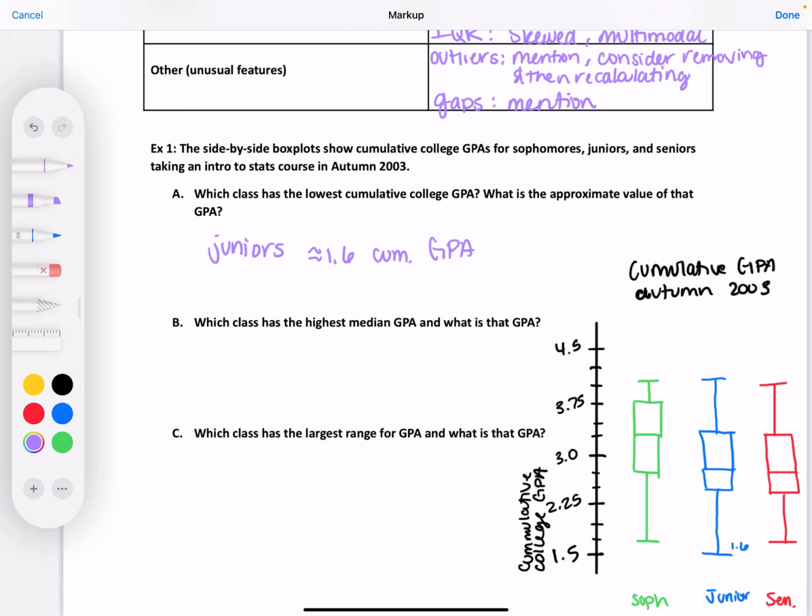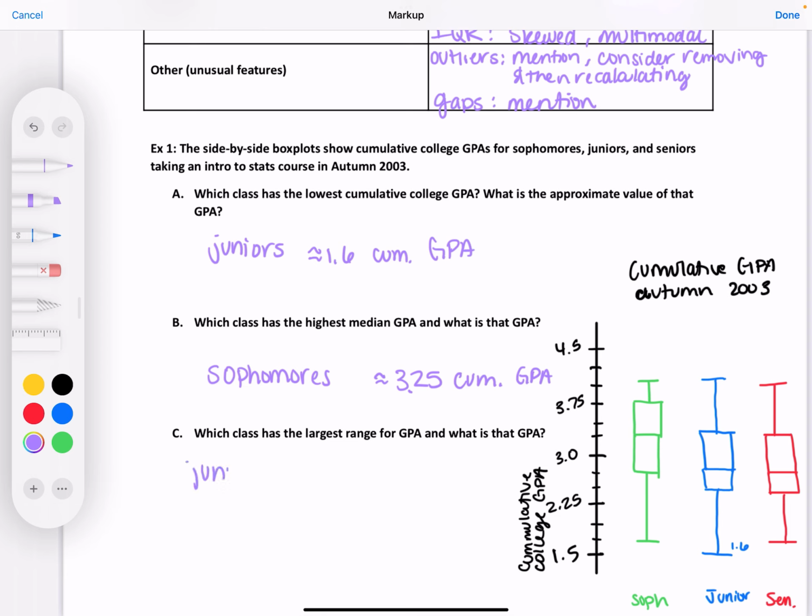Which class has the highest median GPA, and what is that? Yep. Sophomores, 3.25 cumulative GPA. And then which class has the largest range for GPA, and what is that GPA?